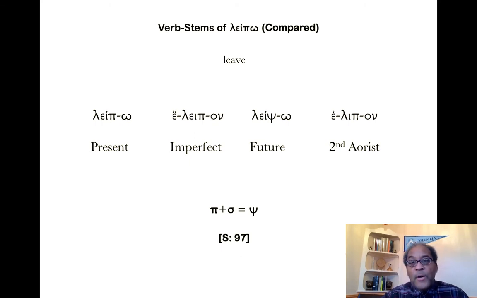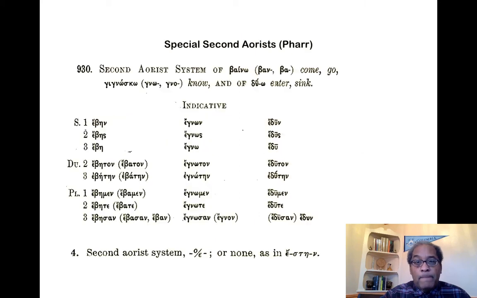Okay, so this is the way the stems vary in Greek, and a window into how important learning your principal parts is, because truly they constitute the Waterloo of any Greek student's career.